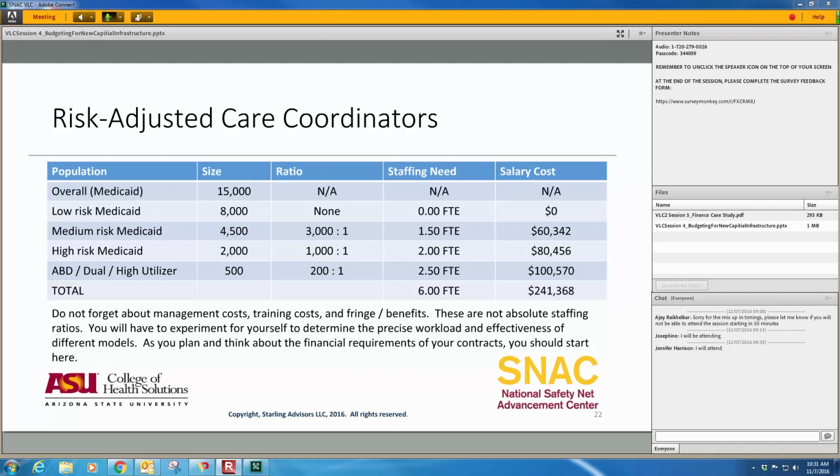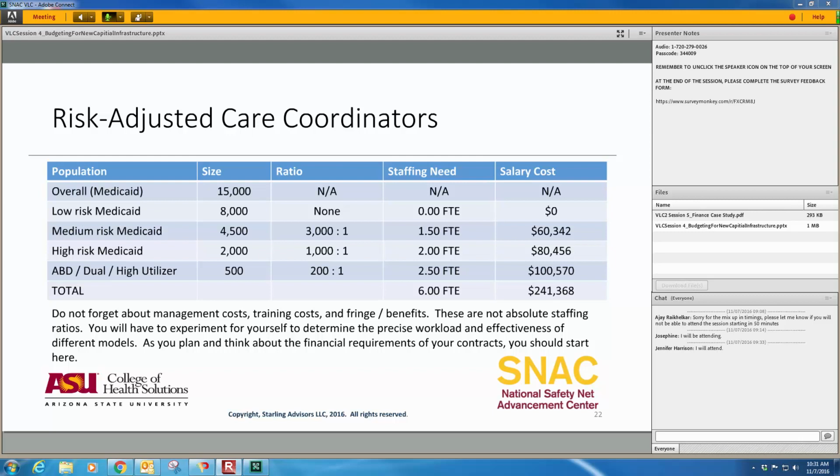It very simply takes the breakdown of about 15,000 patients and buckets them into low, medium, high, and very high risk populations, applies a staffing ratio to these, and essentially predicts the total number of staff needed to meet these needs.